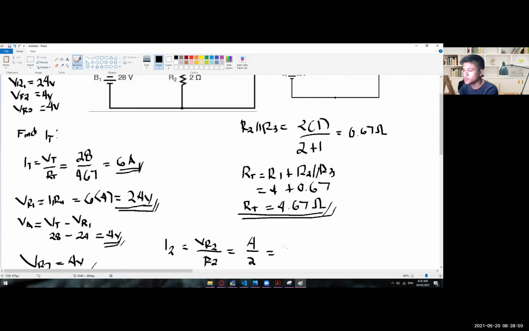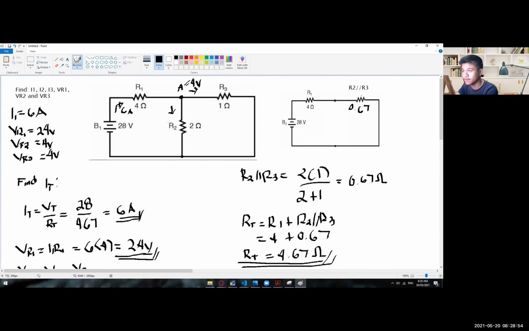So 4 divided by 2 is 2 amps. So that is now the current that is flowing right here. So 6 amps and then 2 amps. And then from here, just by using KCL, we could already see that we have 6 amps here and then 2 amps here. So the remaining 4 amps will go to R3.